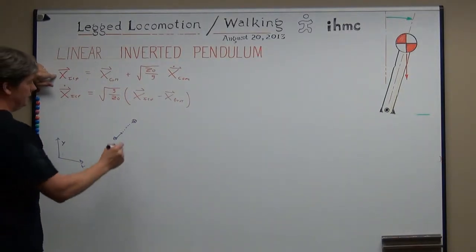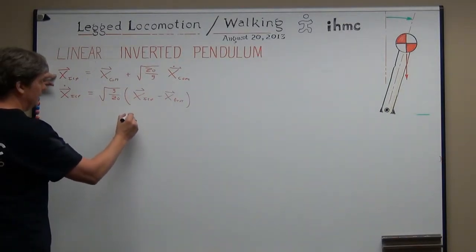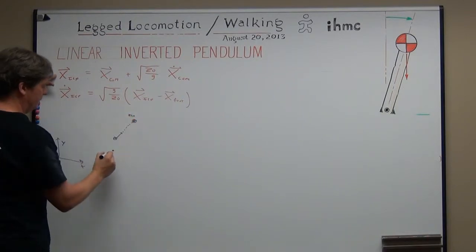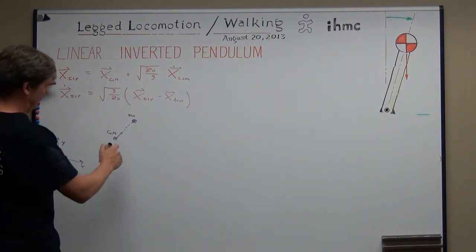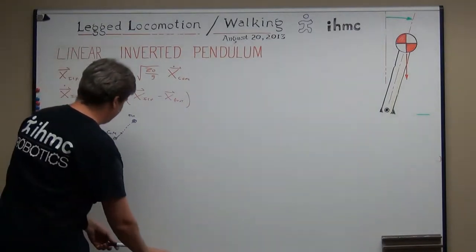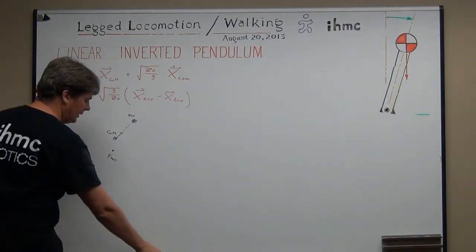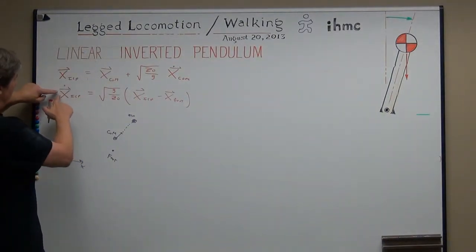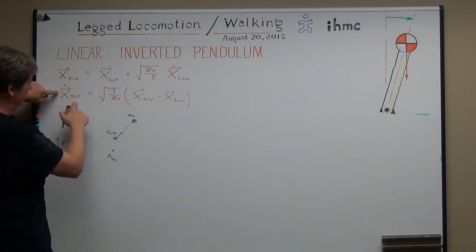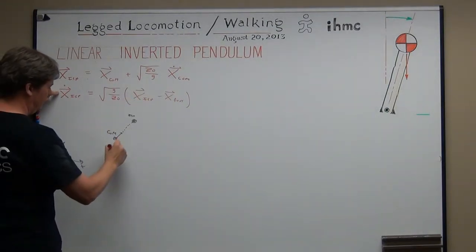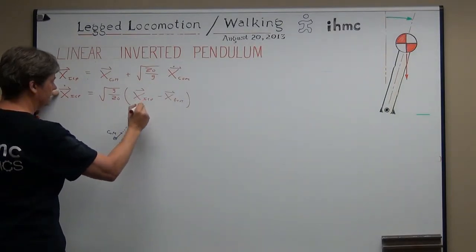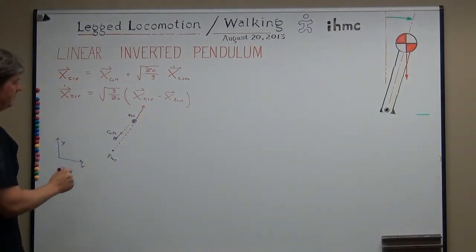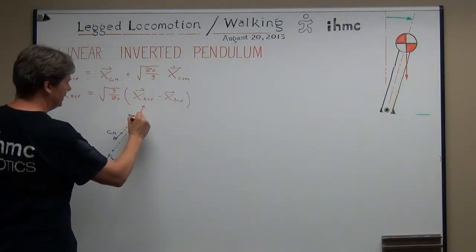That's where the ICP currently is. This is where the foot is. This is where the center of mass is. Okay? And where's the ICP? Up there. So now the velocity of the ICP is going to be along the line from the foot to the ICP, in that direction. So the ICP will move along this line, in a straight line.